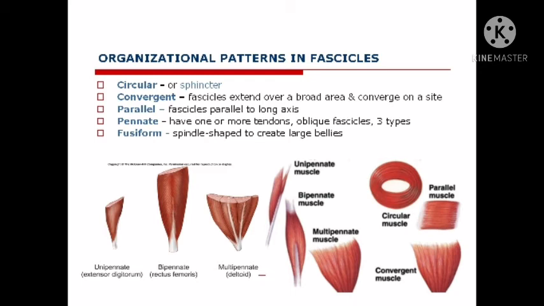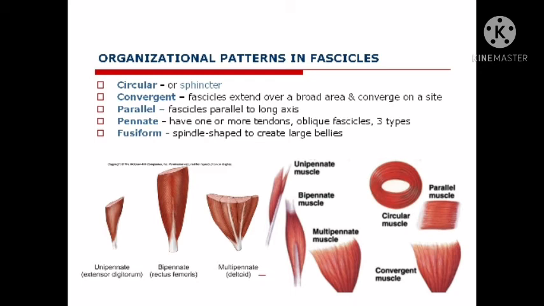The convergent: the fascicles extend over a broad area and converge on a site. In the figure you can see the convergent muscle. The deltoid muscle is the best example because it arises by three origins and inserts on a single point.